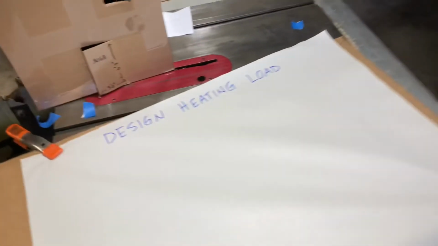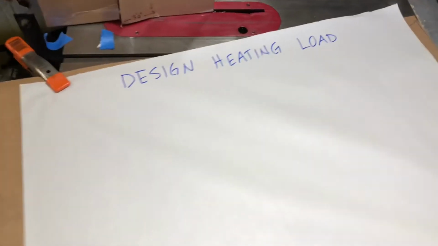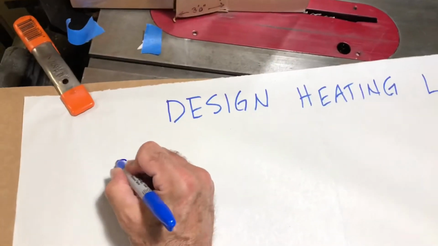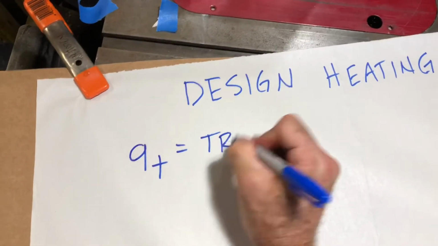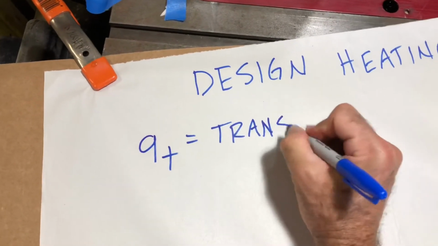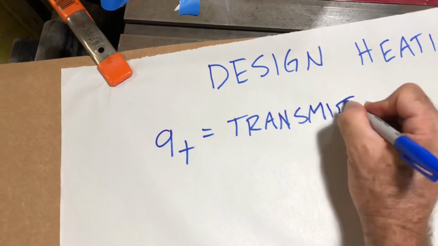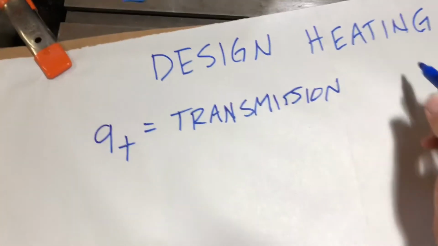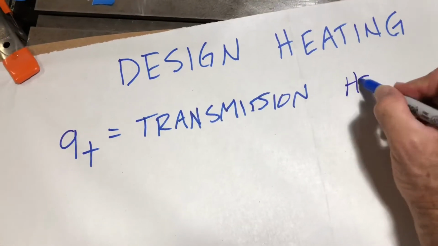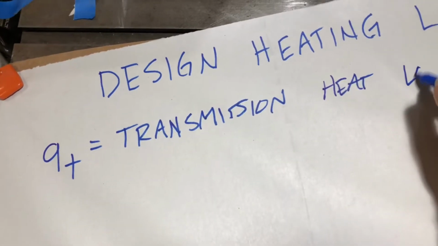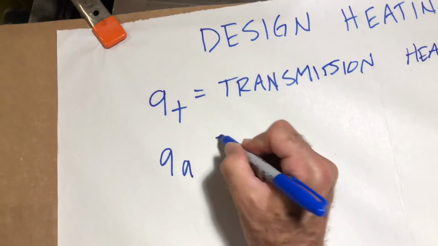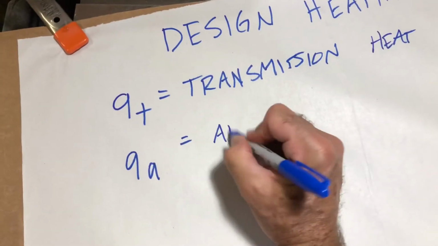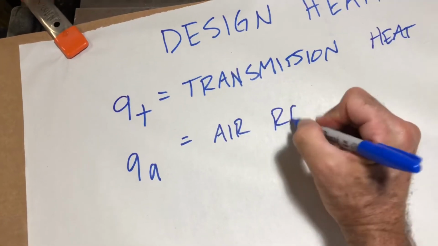Let me grab my marker. And we have QT equals transmission heat loss. Okay, heat loss. We have QA equals air-related heat loss, we'll just call it.